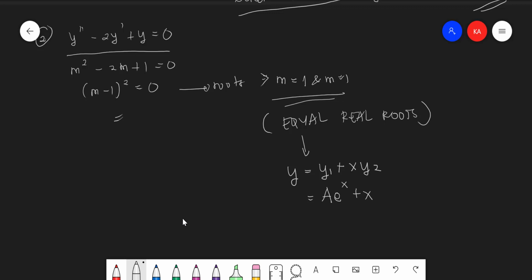So we can write a e power of x plus x b e power of x, or a plus bx times e power of x. So this is the general solution of example number 2.